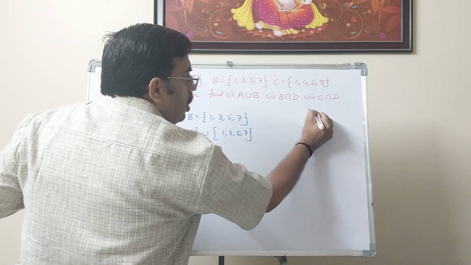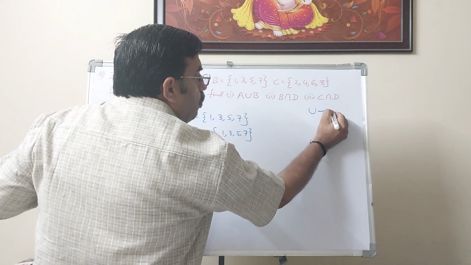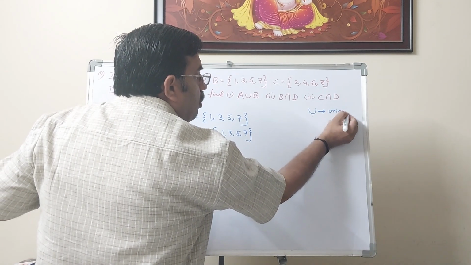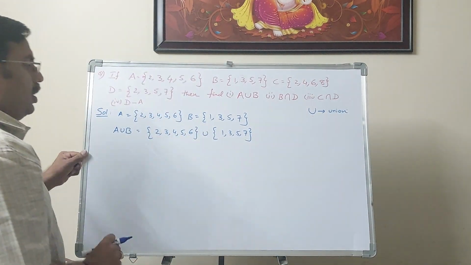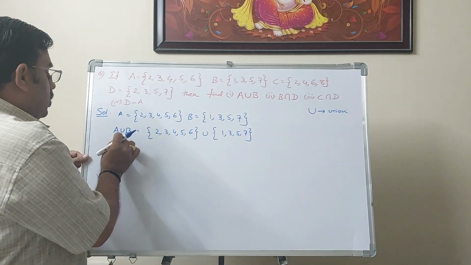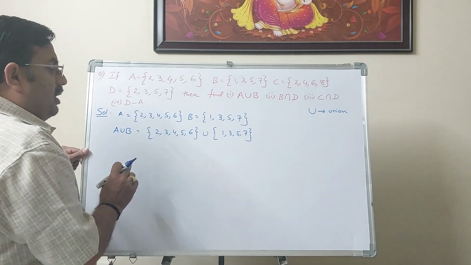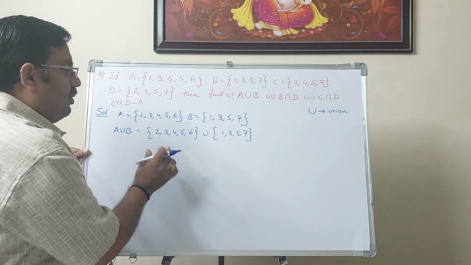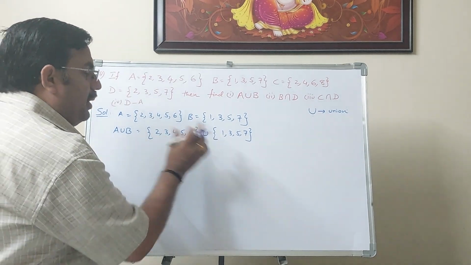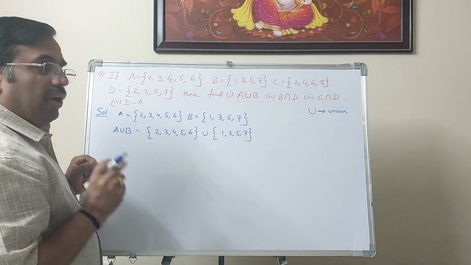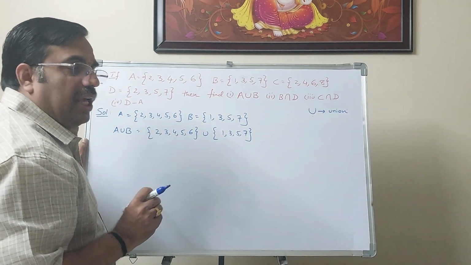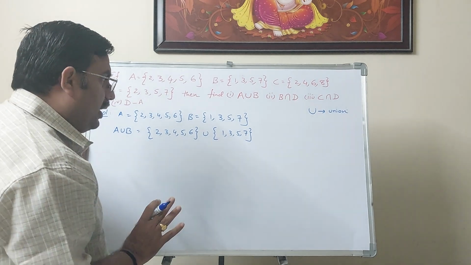The symbol is called union. How will you do this A union B? A union B is nothing but writing all the elements of A and B. And the one condition is, in a set the element should not be repeated.